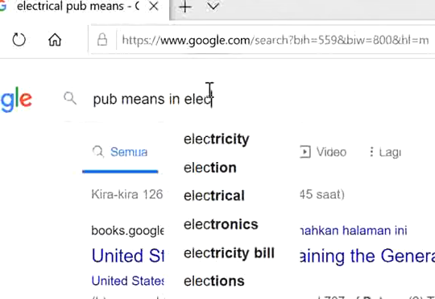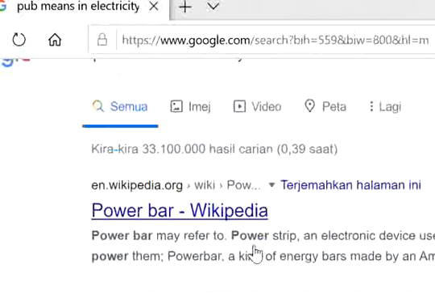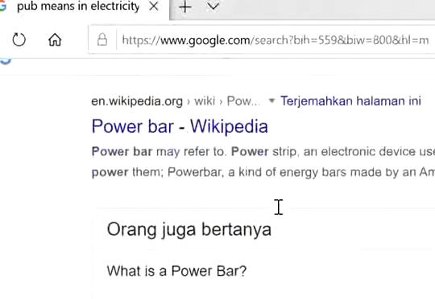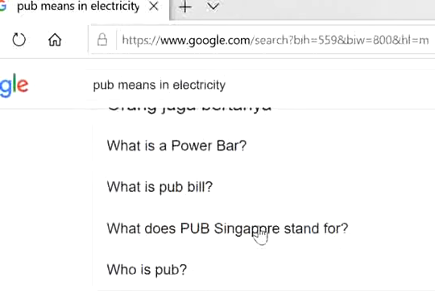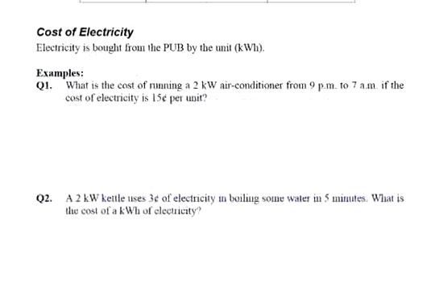Yeah, this is the one, Public Utilities Board. I think that is the one. Okay, but never mind, it's not really that important.